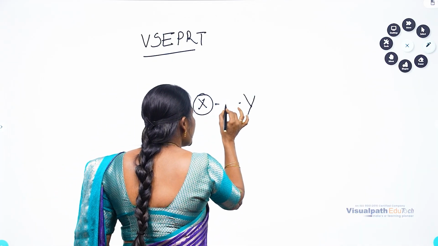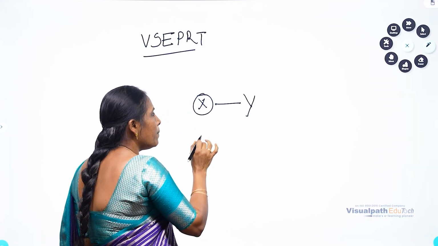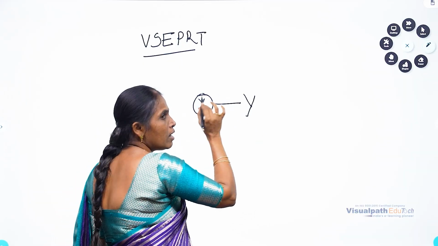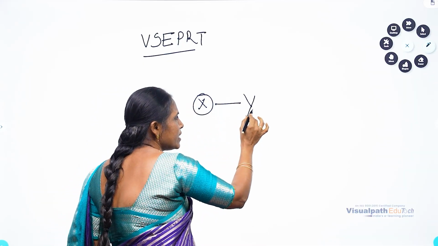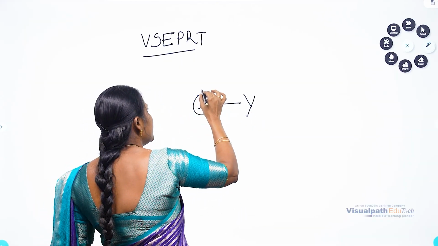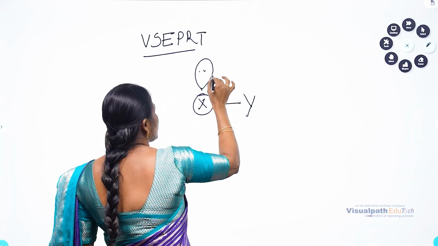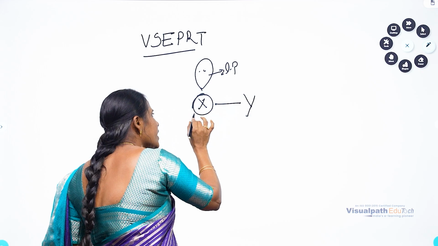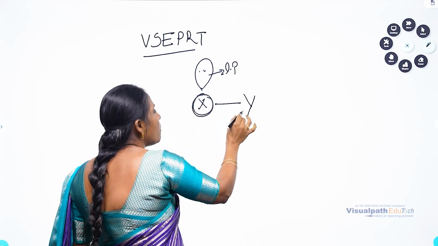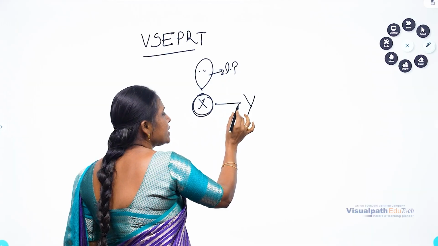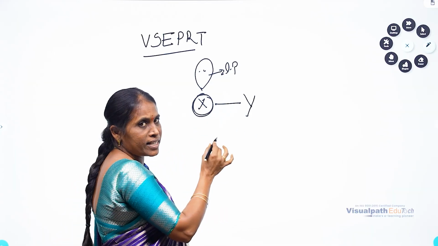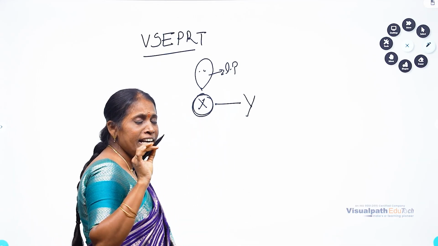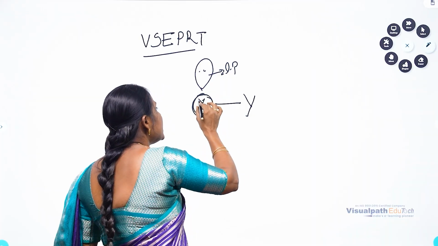So the bond is present between X and Y, meaning these two electrons are shared between the two nuclei, one the central atom and another the bonded atom. Otherwise, it is the lone pair of electrons. It occupies only the central nucleus, not the bonded one. Bonded electron pairs are shared between two nuclei, but the lone pair of electrons is shared with only the central nucleus.